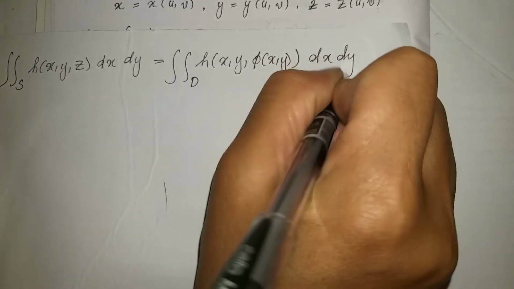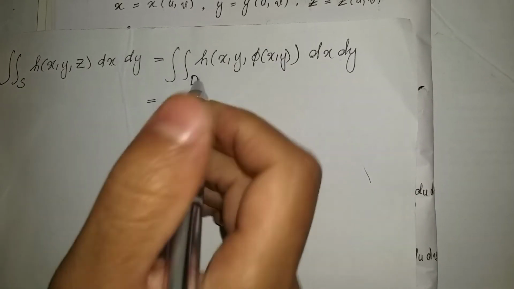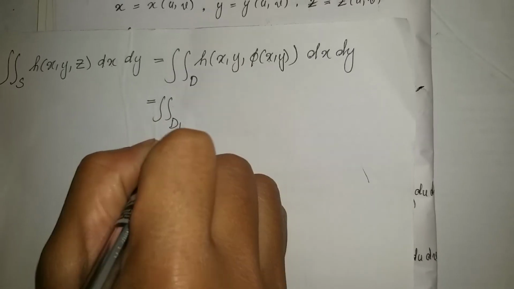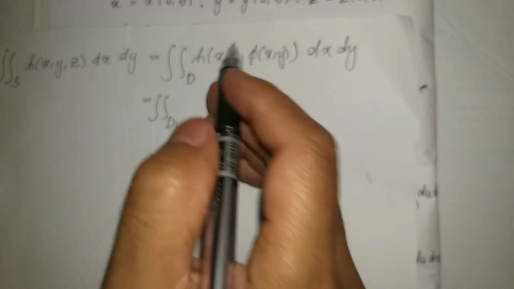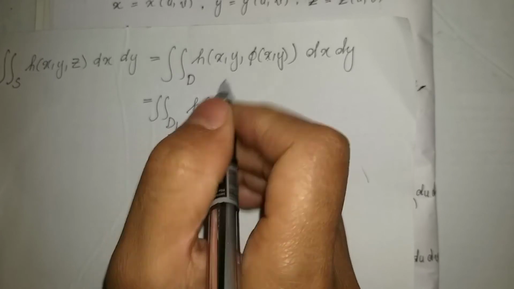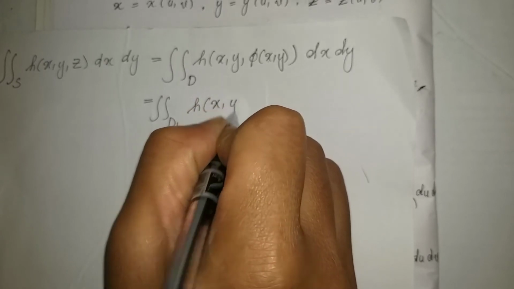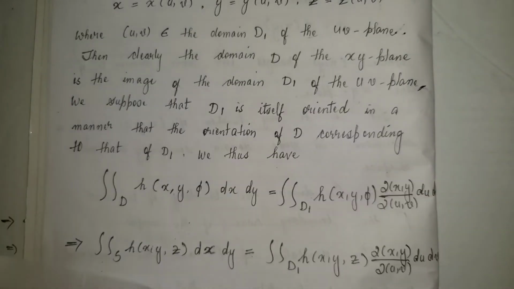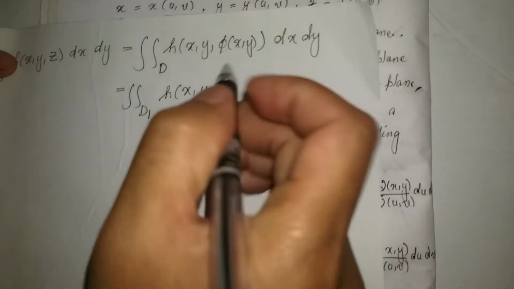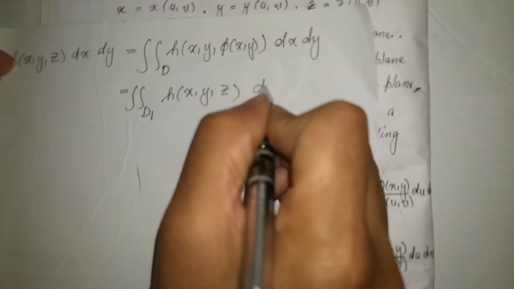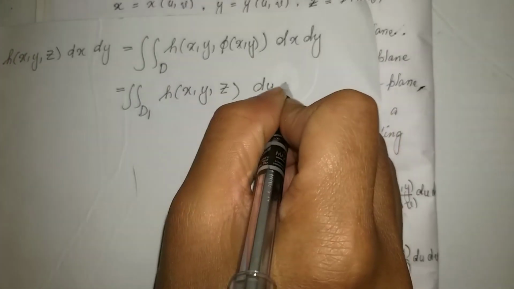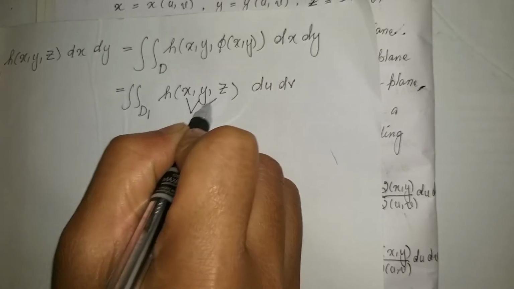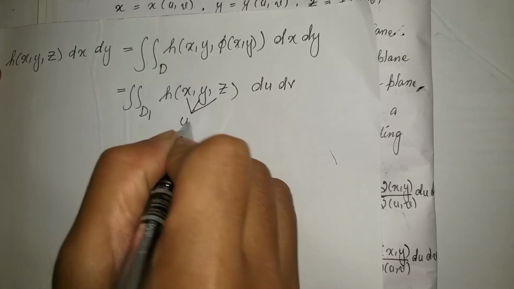If we parameterize for x and y, then we have D1.